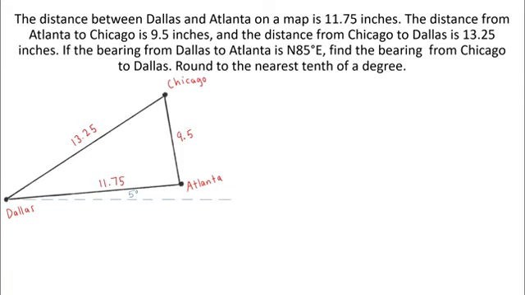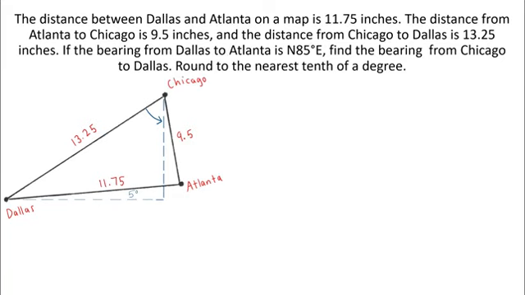And we're told that we need to find the bearing from Chicago to Dallas. And if we need to find the bearing from Chicago to Dallas, then we need to find the measure of this angle here. And this angle is an angle formed by the direction of travel from Chicago to Dallas to a north-south line that I've drawn here.